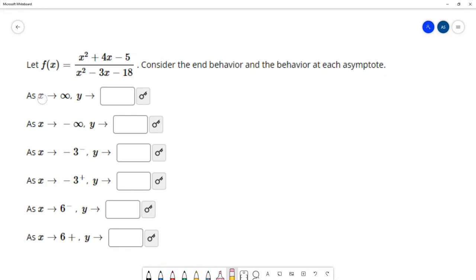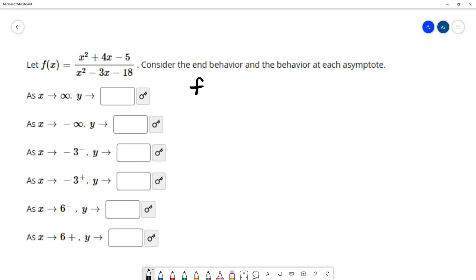So we're given these statements, and we want to fill in what's happening to the y for each one of these statements. Now, the question here specifies that these have to do with the end behavior and the behavior at each asymptote. So let's first use this rational function to find out where the asymptotes are.